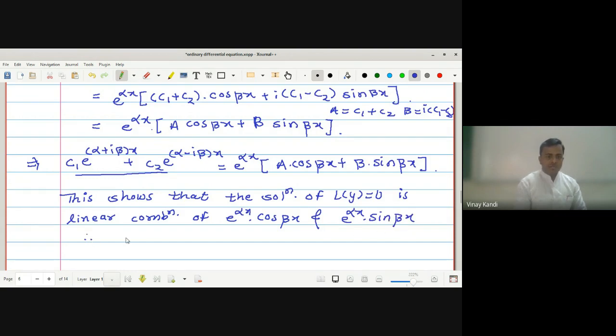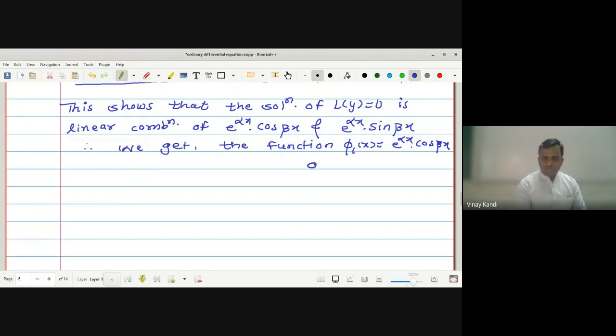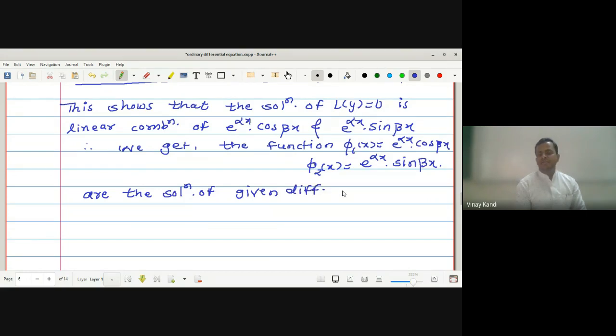Therefore, we get the functions phi 1 of x is nothing but e raised to alpha x into cos beta x, and phi 2 of x is equal to e raised to alpha x into sine beta x, are the solutions of the given differential equation L of y is equal to 0.